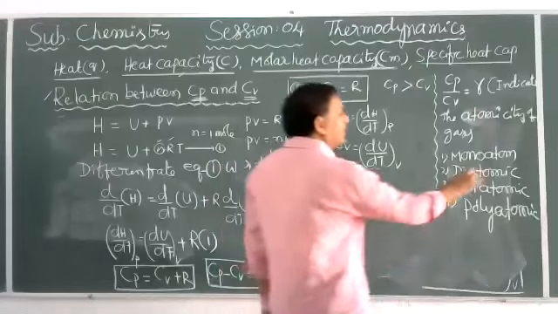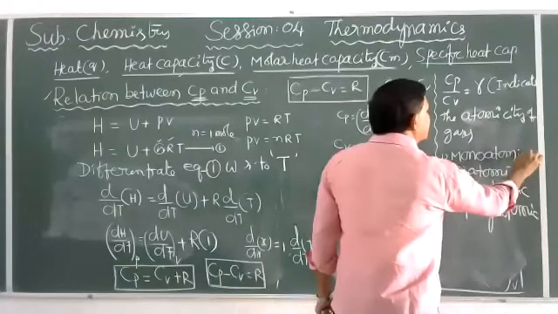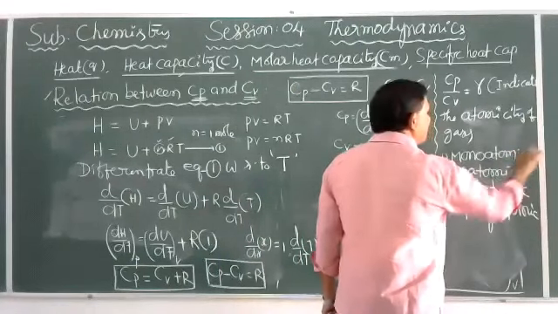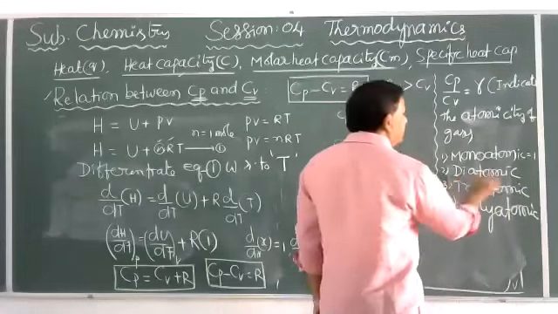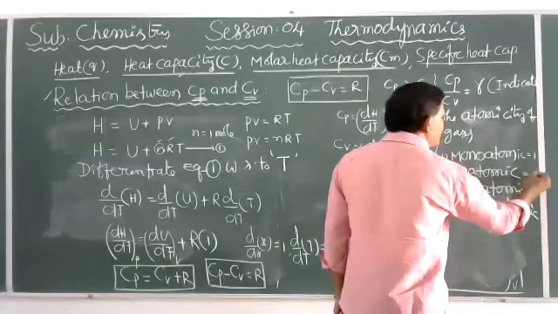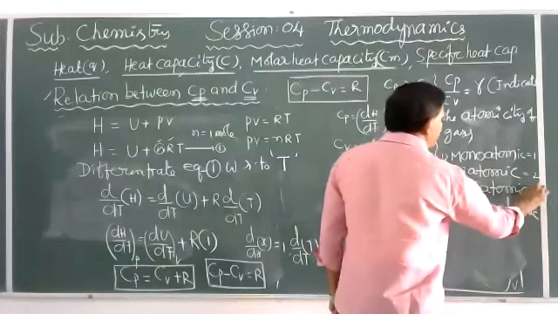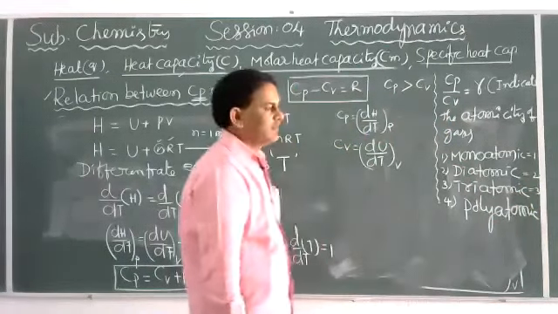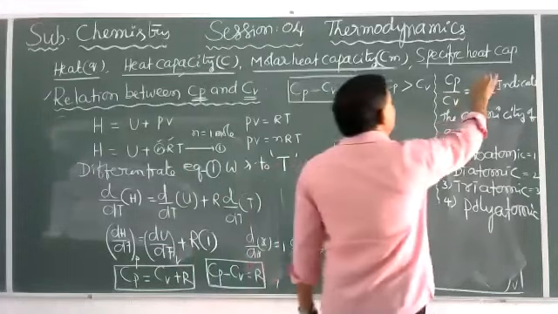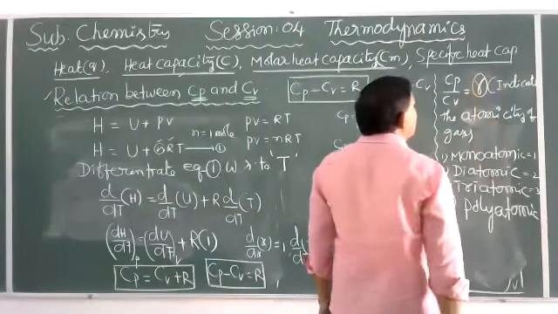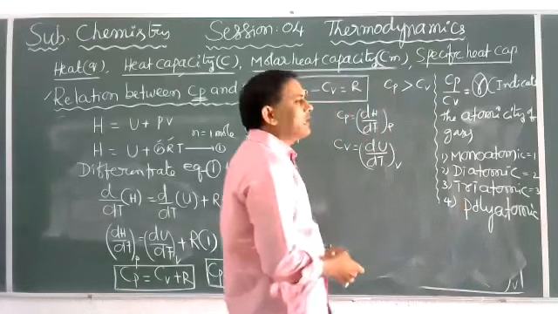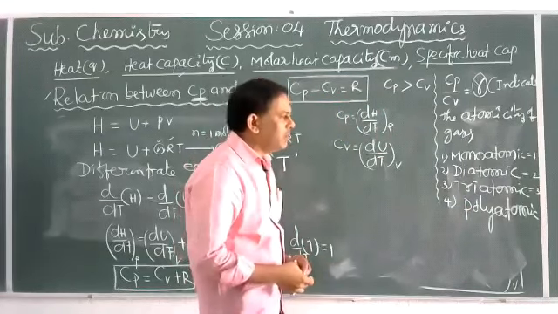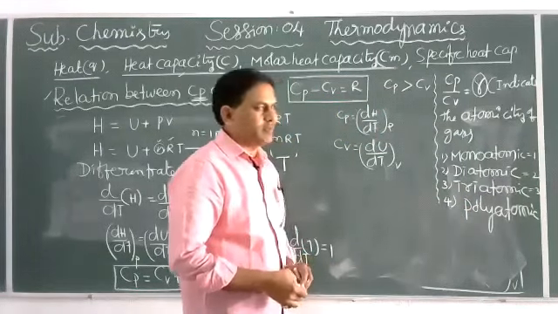So monoatomic gases means its atomicity is equal to 1. Diatomic means atomicity is equal to 2. Tri means 3. Poly means more than 2, 3 like. So by using this gamma value, we can indicate the given gas is what type of gas. Is it a monoatomic or diatomic or triatomic?